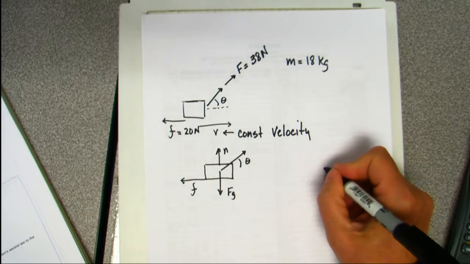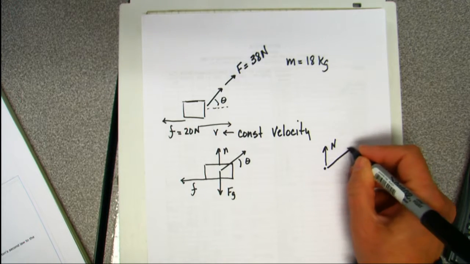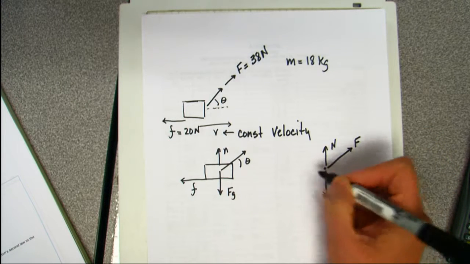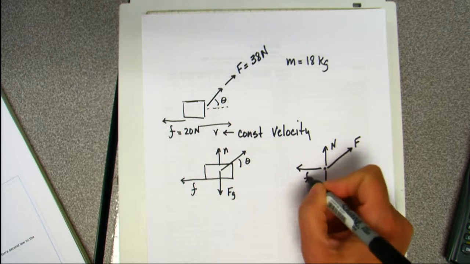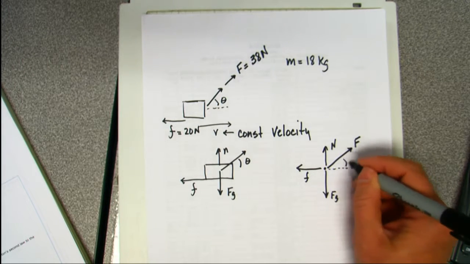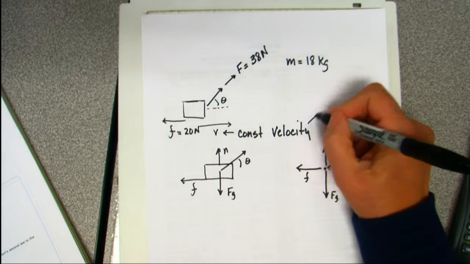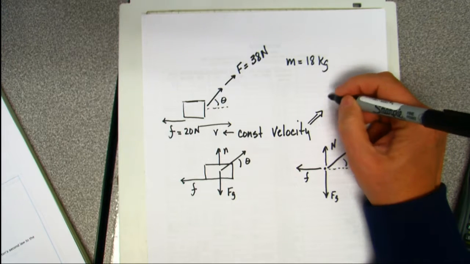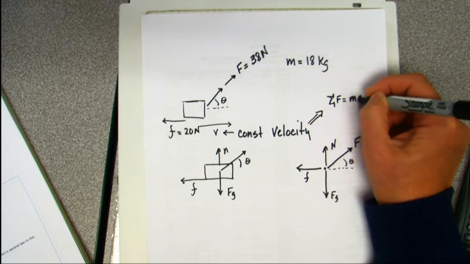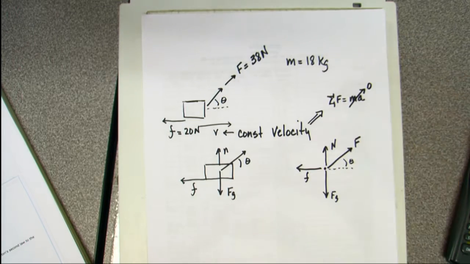So I can actually draw it like this. So this is my normal force, the force that's applied, force due to gravity, and my force due to friction. And there's an angle there. This constant velocity means that the sum of the forces, mass times acceleration, if it's a constant velocity, this is 0.